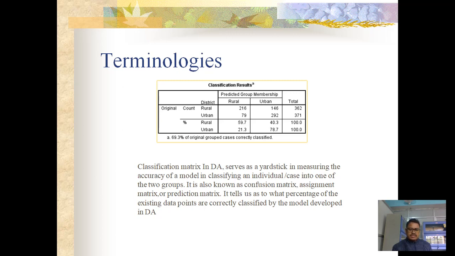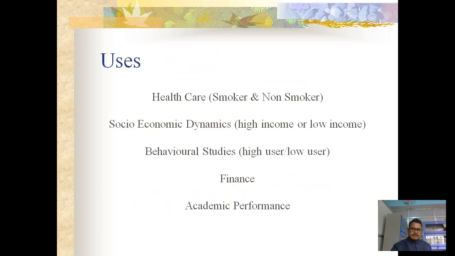Here it serves as a yardstick in measuring the accuracy of the model in classifying an individual or a case into one of the two groups. It is also known as the confusion matrix, assignment matrix, or prediction matrix, and it tells us what percentage of the existing data points are correctly classified by the model developed in the discriminant analysis.